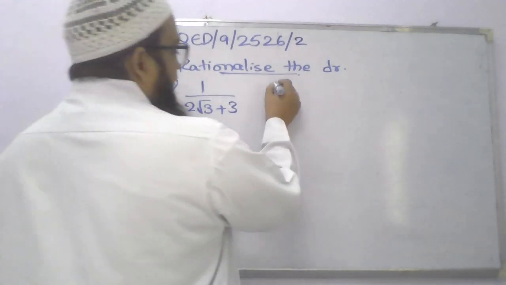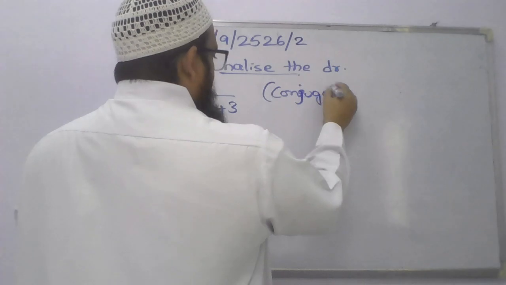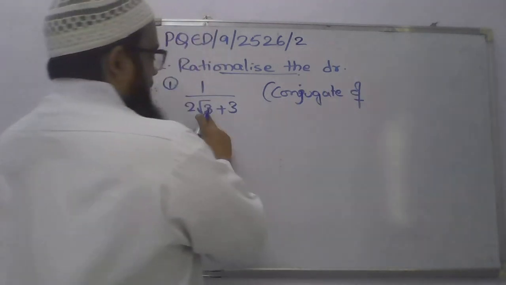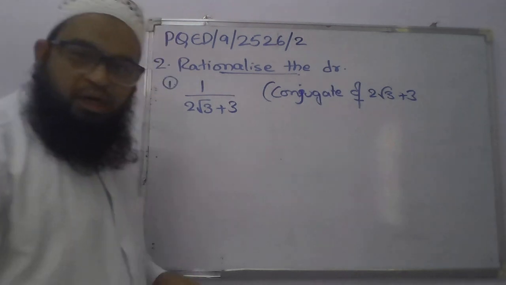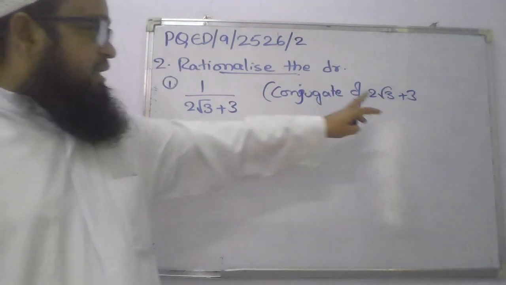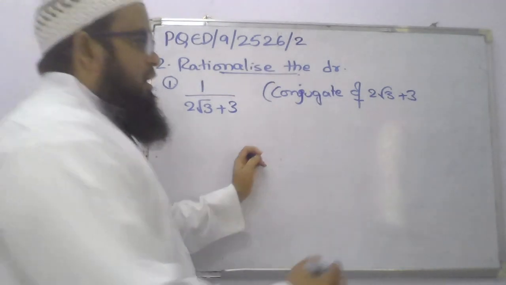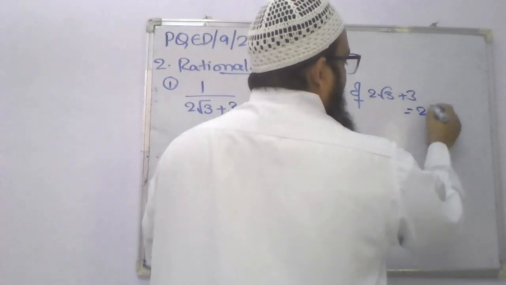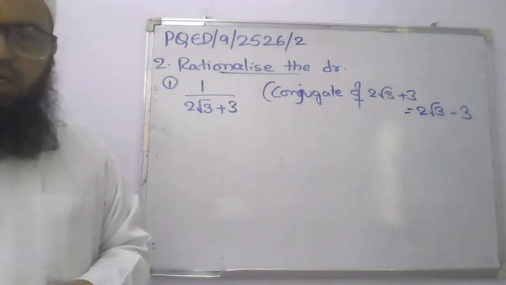So what is the conjugate of 2 root 3 plus 3? Remove plus and write minus: 2 root 3 minus 3. Understood? This is called the conjugate.